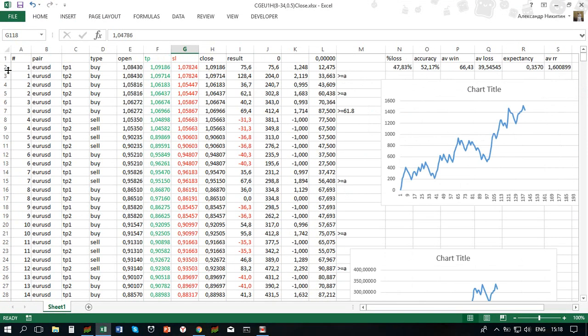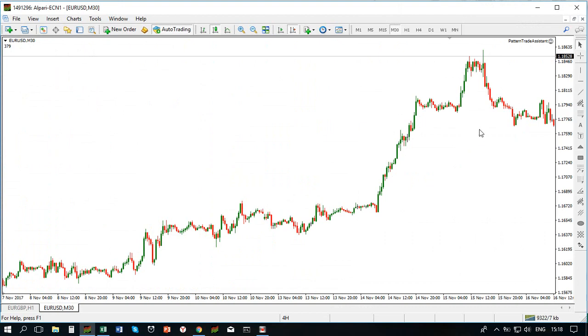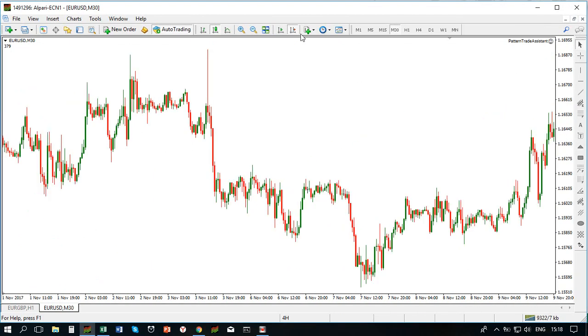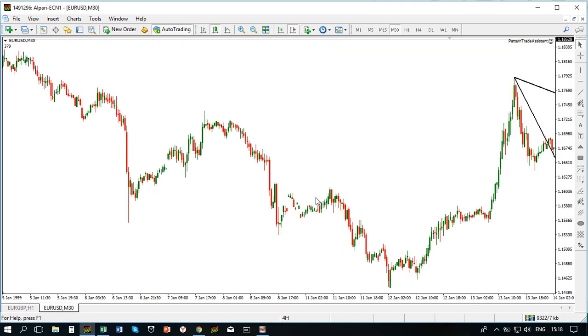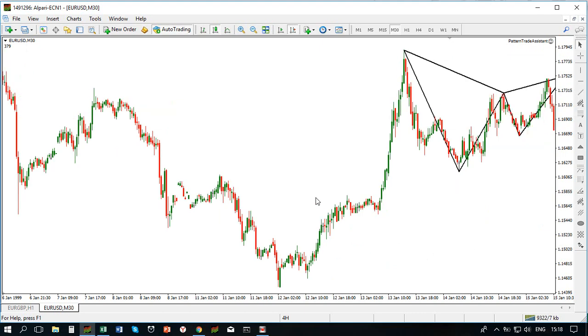Maybe the first pattern is stop loss 107.82.4. Let's go to the first pattern, 107.82.4, 99, the first that completed.